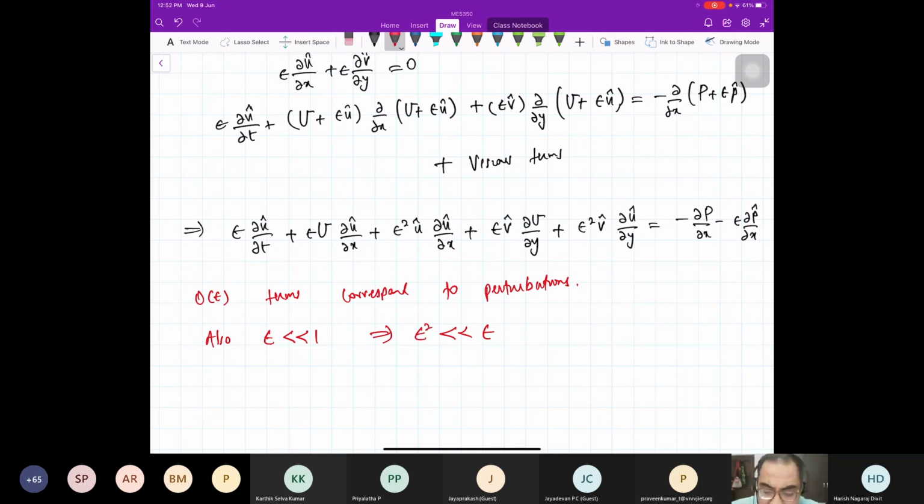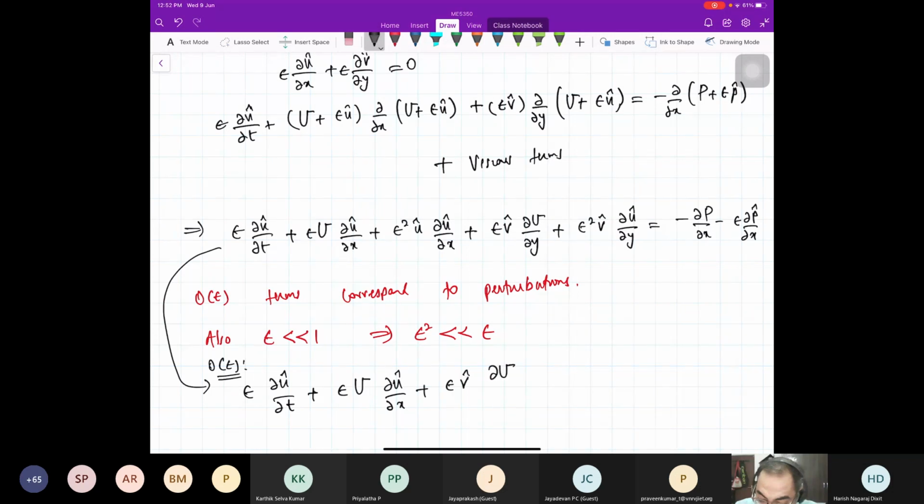Okay. So if I do this, then this equation becomes, and I'm only writing the order epsilon equation, not the mean equation. Del u hat by del t plus epsilon capital U del u hat by del x, plus epsilon v hat d capital U by dy. I'm writing this term here, and this term here is very small.